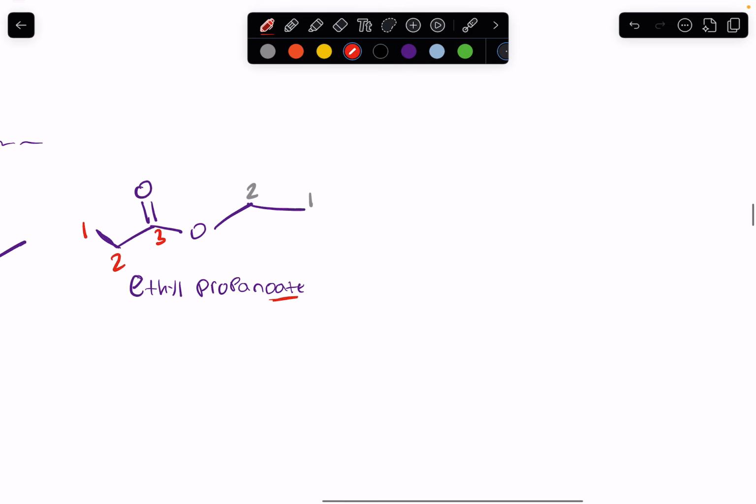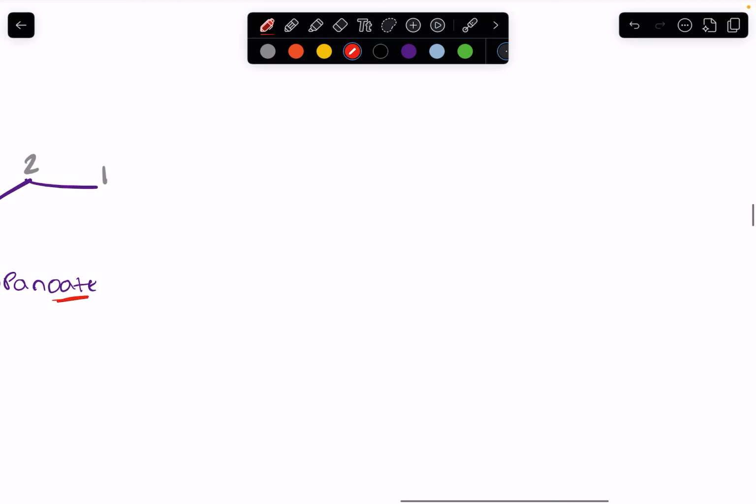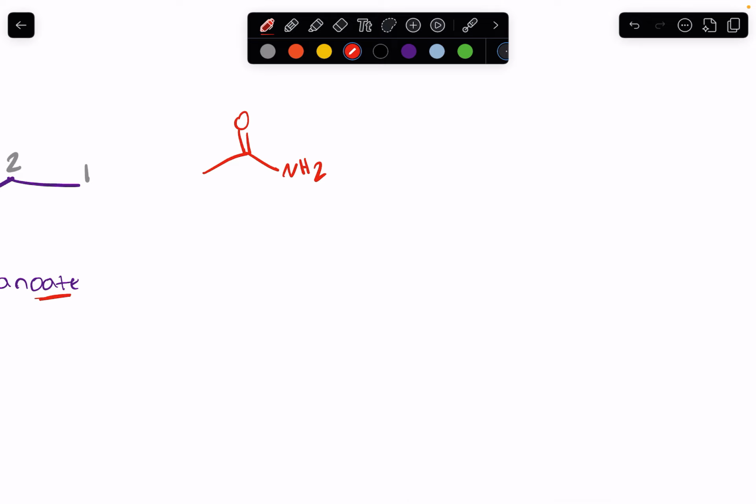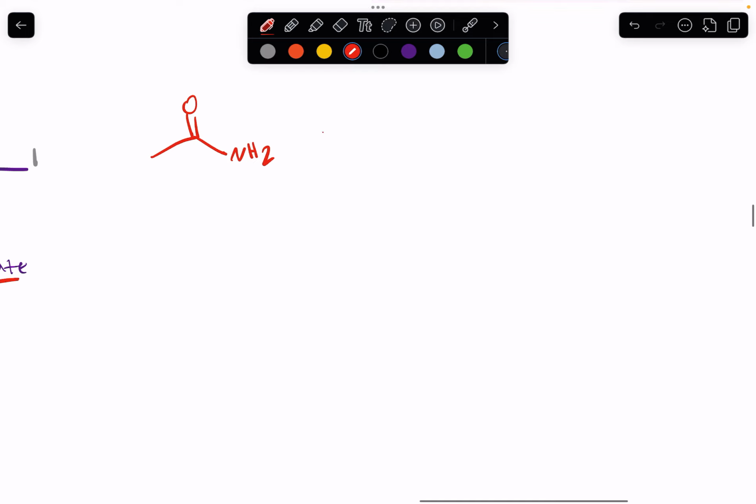So our next derivative is what we call an amide. So an amide looks like this. An amide is when you have a carbonyl group with an amino group. So when it comes to naming amides, the suffix luckily is just amide.